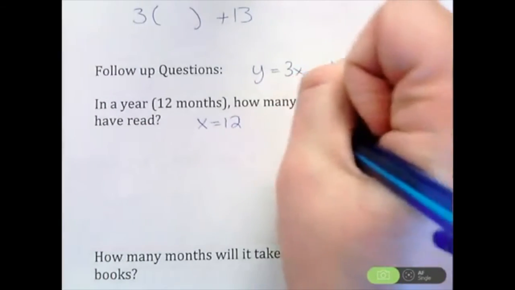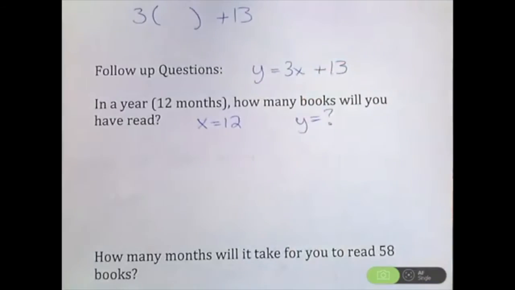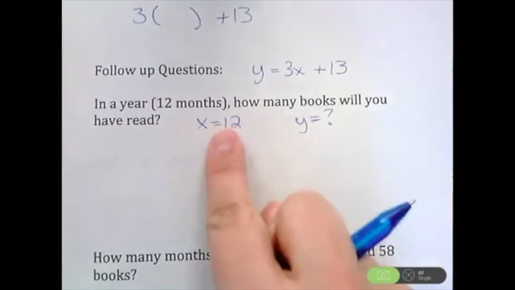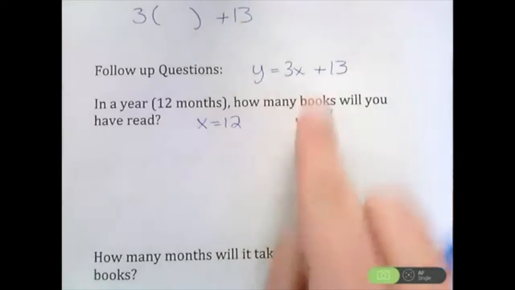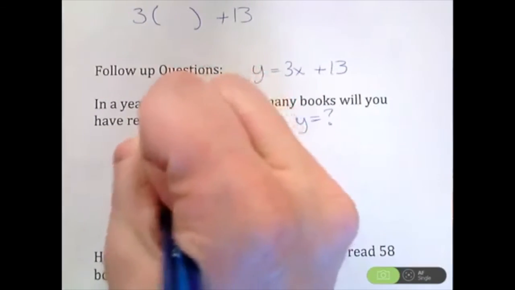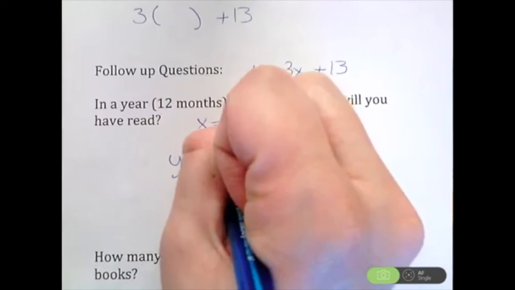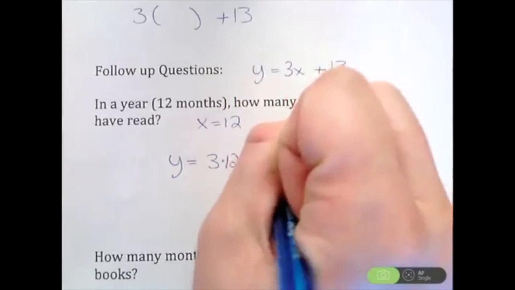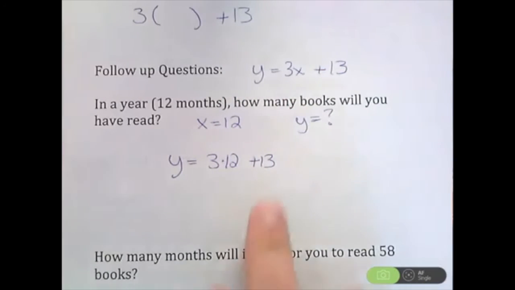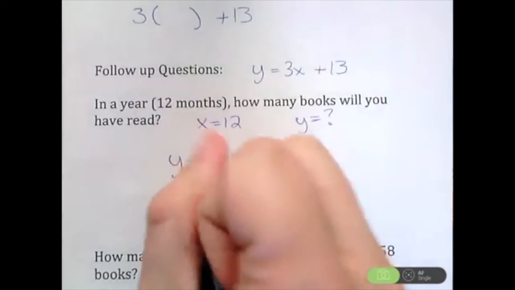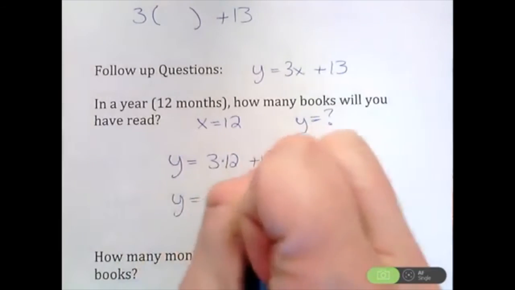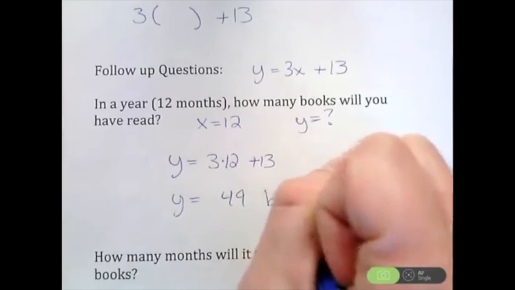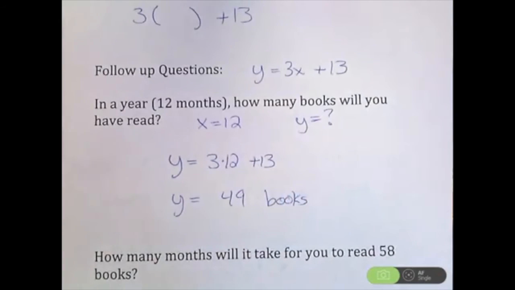That means they're asking about what is y. So if I know an x, I want to figure out y. Let's just plug in here and solve. So I have y equals 3 times 12 plus 13. You could do that in a calculator. I get 49. So 49 books is what I should expect after a year.